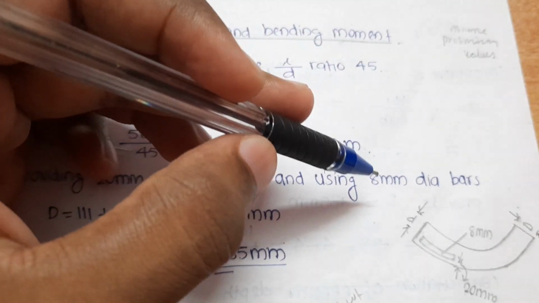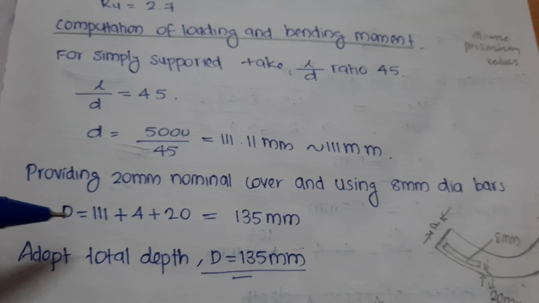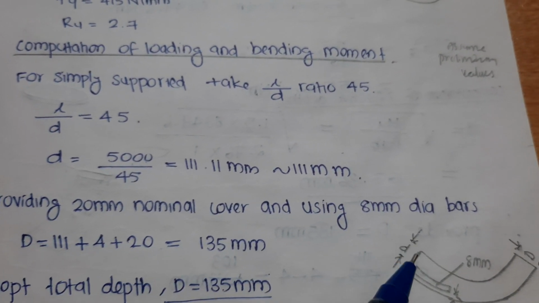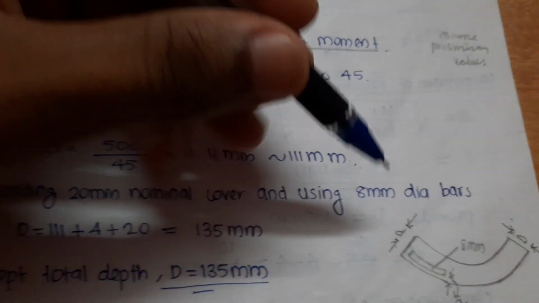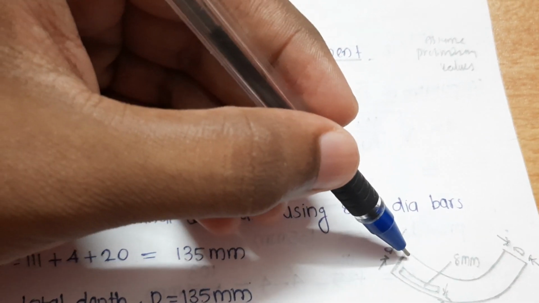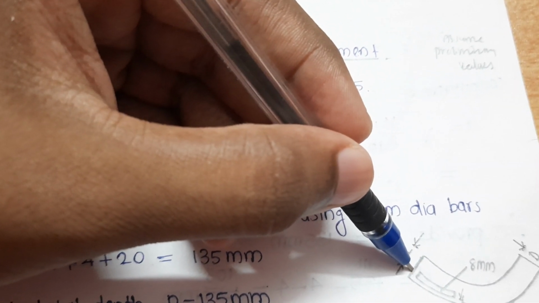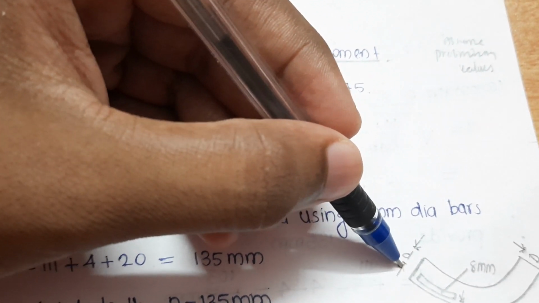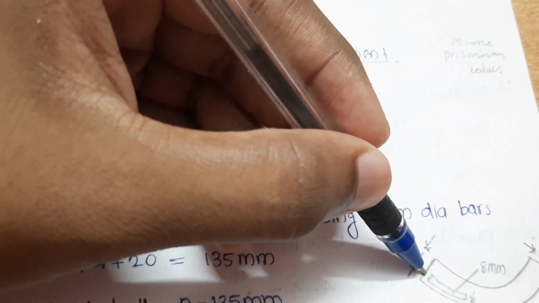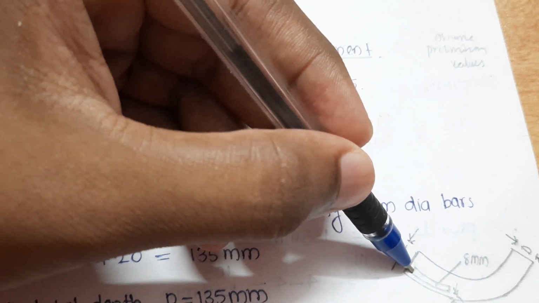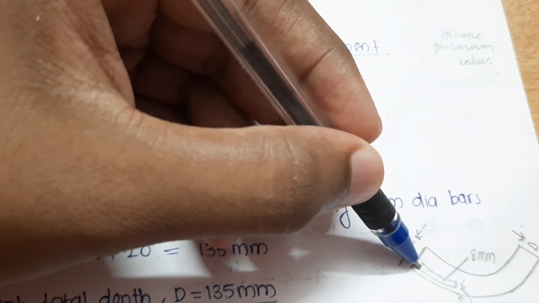So 8 mm dia bar is to be used. We have got 111 mm as the depth required. That distance is from this top point to the center of the bar, that is small d. If you are using an 8 mm bar, the diameter of the bar is 8 mm.